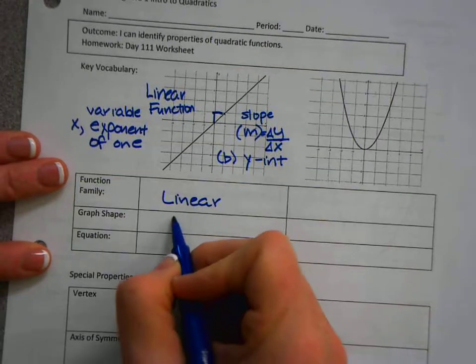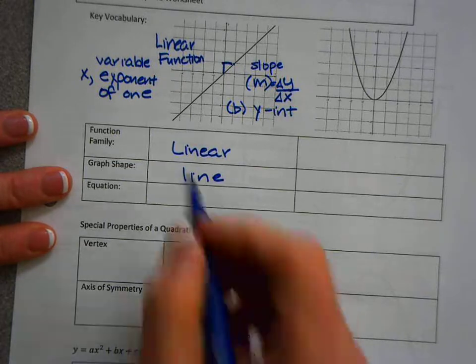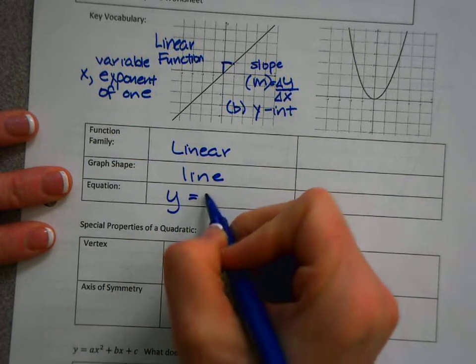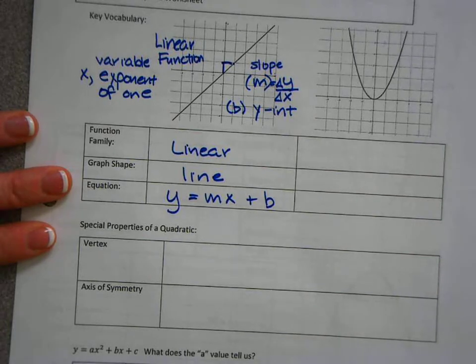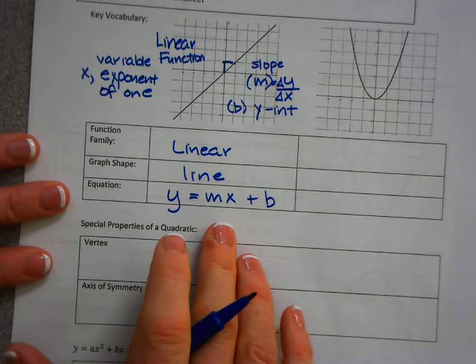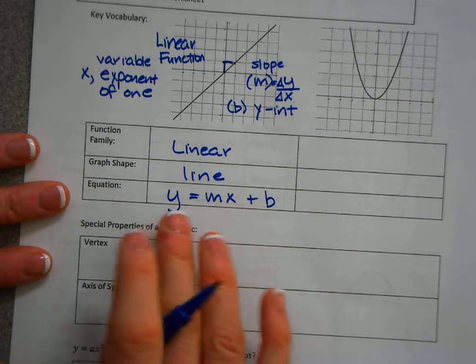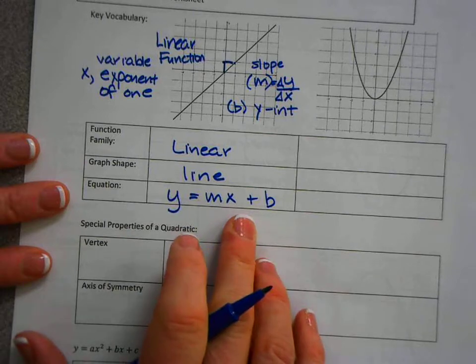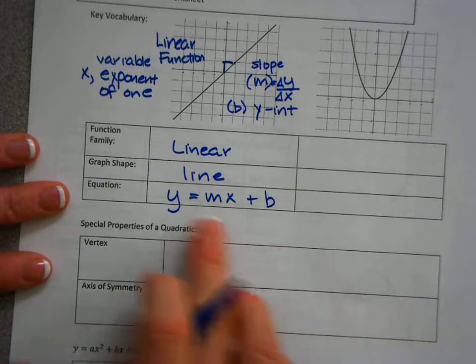The shape is a line. We've got a couple of different equations, but our main one is y equals mx plus b. We also know point slope form and standard form, ax plus by equals c, but this is our main one.